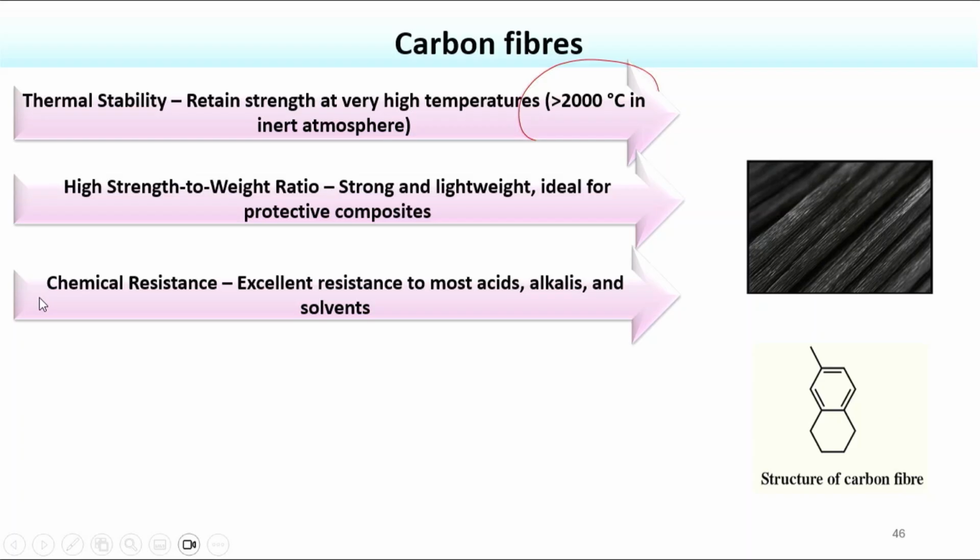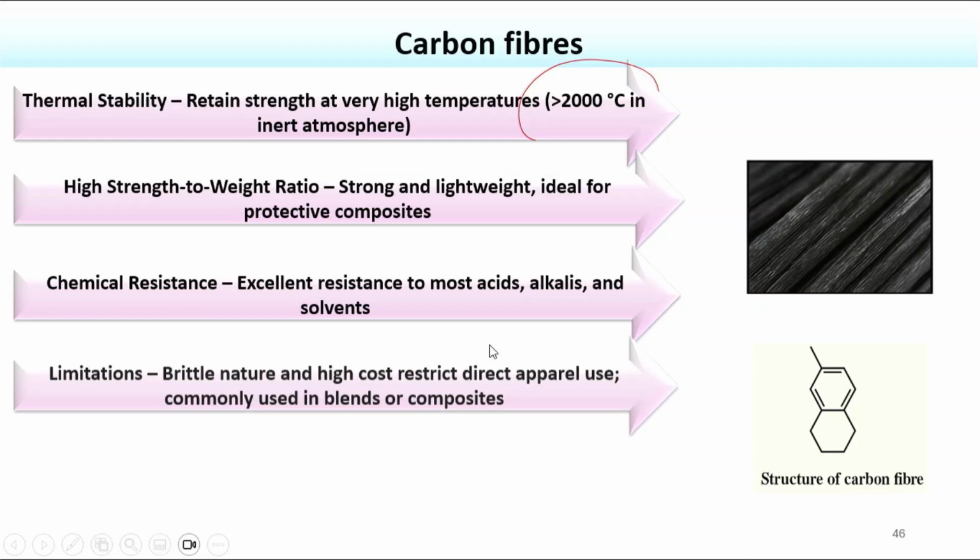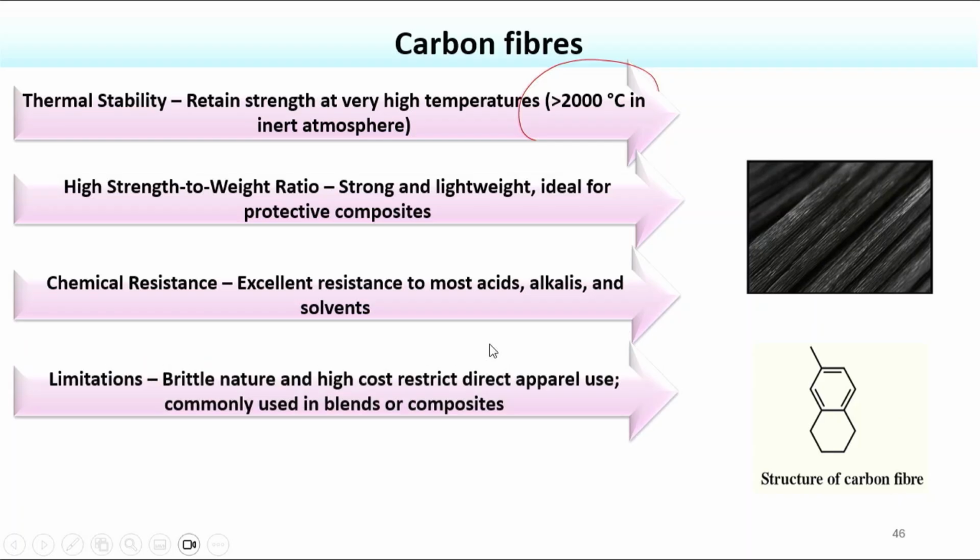It has excellent chemical resistance to most of the acids, alkali and solvent. Main problem is that it is brittle in nature. So, here if you see the carbon fiber stress strain curve, the elongation is very low.